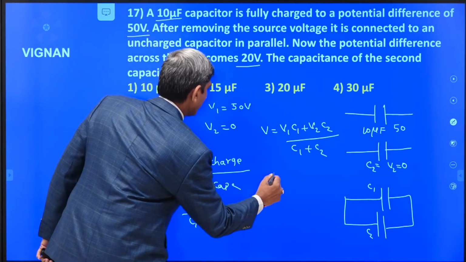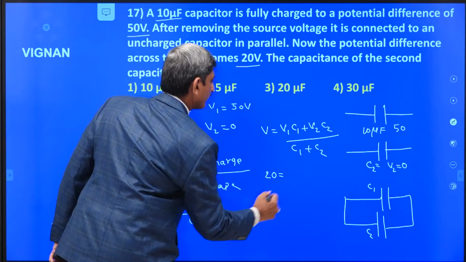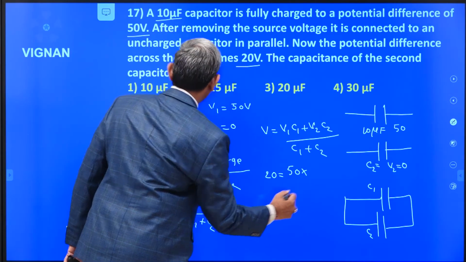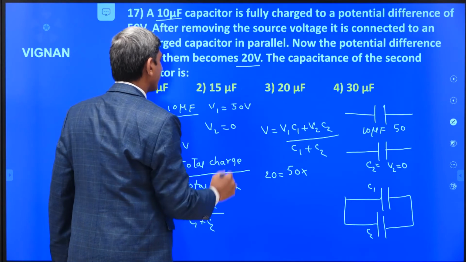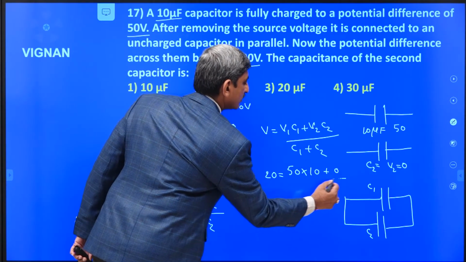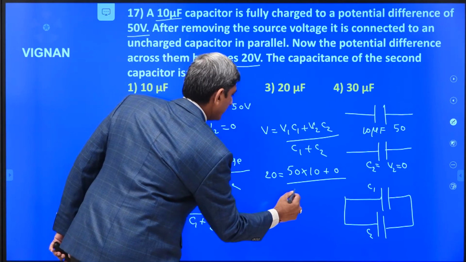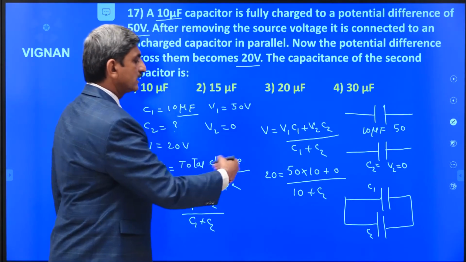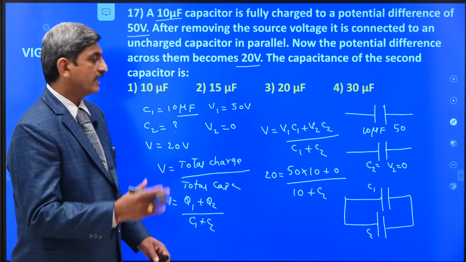We have 20 is equal to (50 into 10 plus 0) divided by (10 plus C2). Take the C1 value directly in microfarads. Cross multiply the terms and simplify.